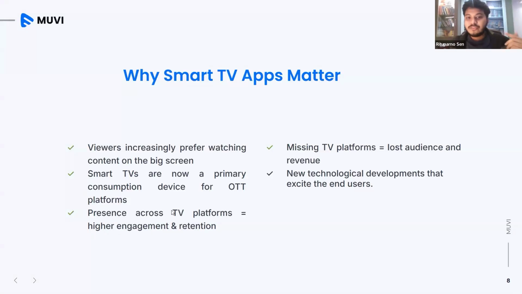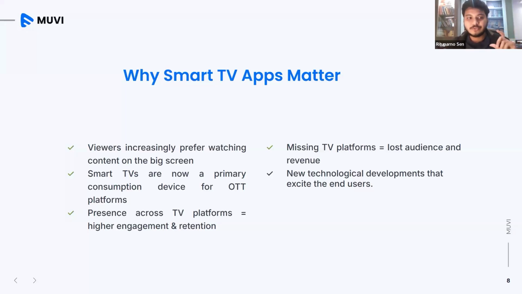So how does this help in branding? You pick any popular giant: you pick Netflix in the OTT space, you pick Amazon Prime, you pick Peacock. Everybody has their own set of tvOS-specific apps, right?